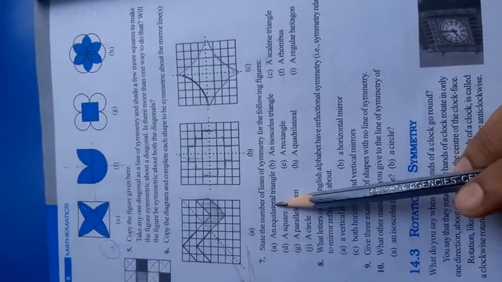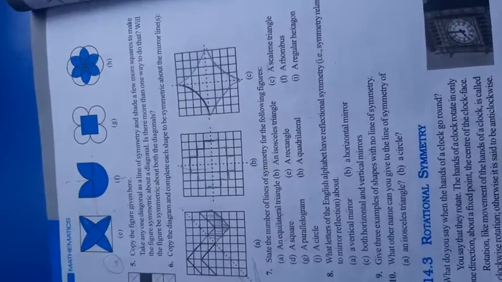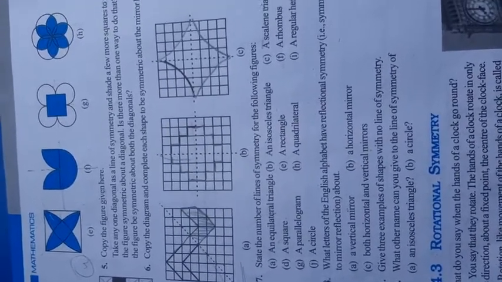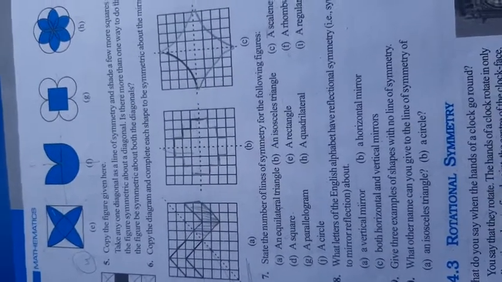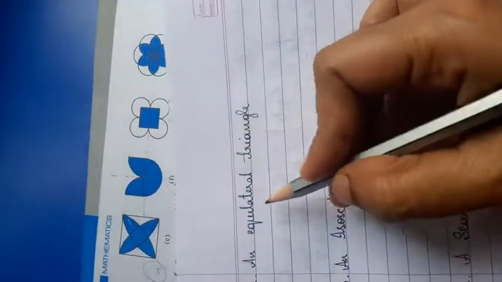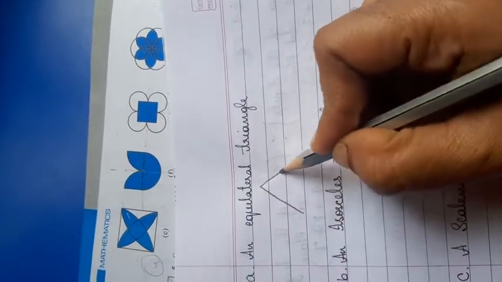Okay. So first one is an equilateral triangle. Equilateral triangle means what, children? Equilateral triangle is nothing but a triangle which has all the three sides equal, right? That is called an equilateral triangle. So how many lines of symmetry will be there in an equilateral triangle? We know all the sides will be equal.